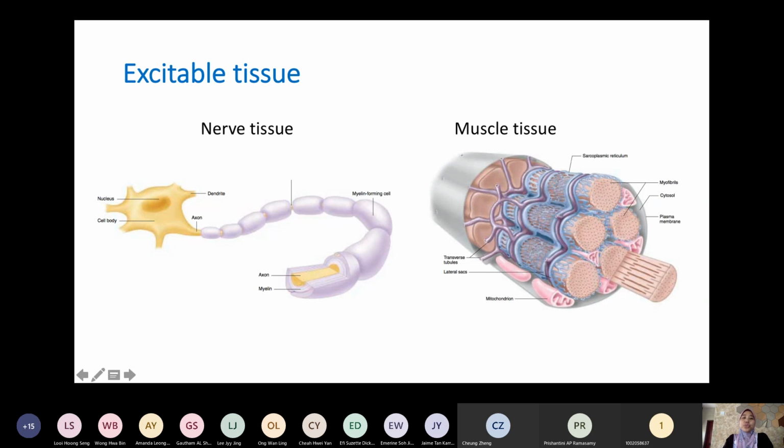Okay, in the excitable tissue, we have two types of excitable tissue. We have the nerve tissue, of course, and also we have the muscle tissue. Let's imagine when you are excited. When you got an offer to come into UCSI, then you start feeling happy. And then you start jumping or saying yes, so your muscles start moving. So the feeling itself is actually coming from the brain. The brain is the central nervous system, which consists of nerve tissue.